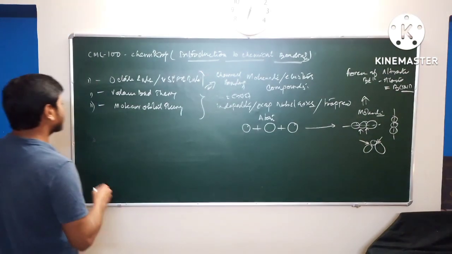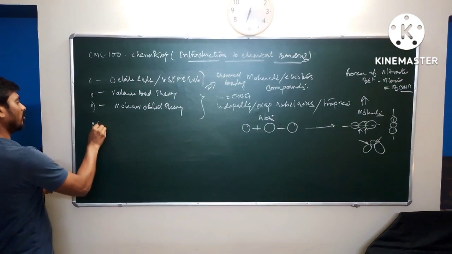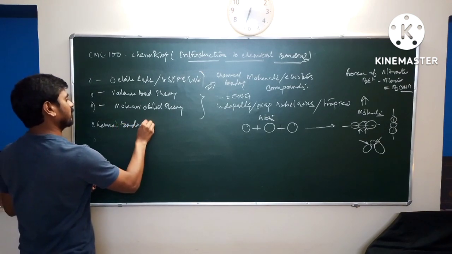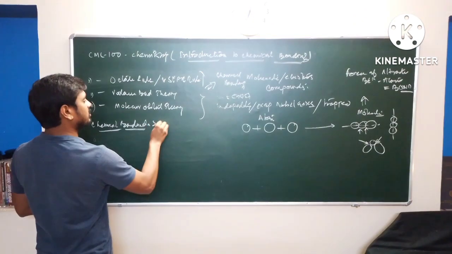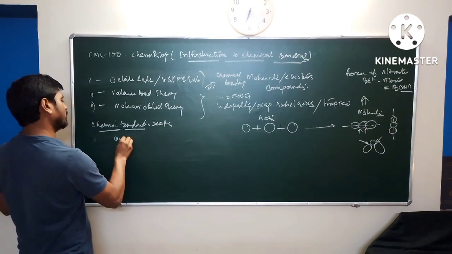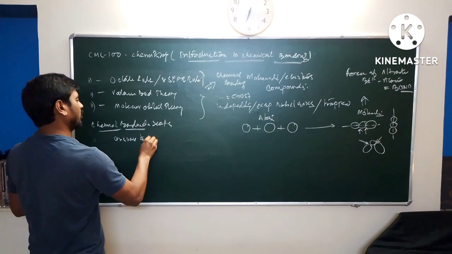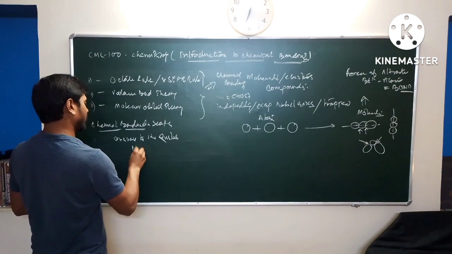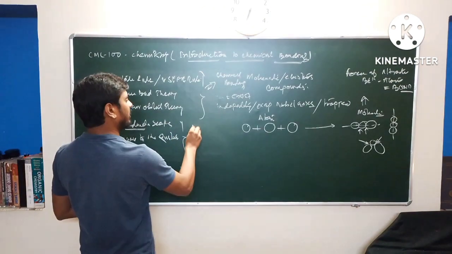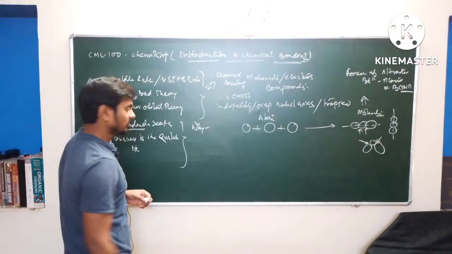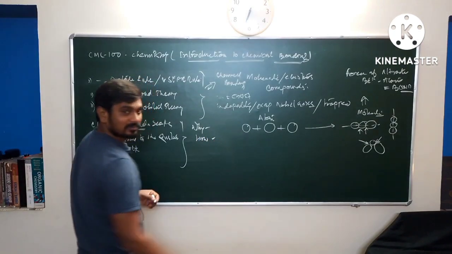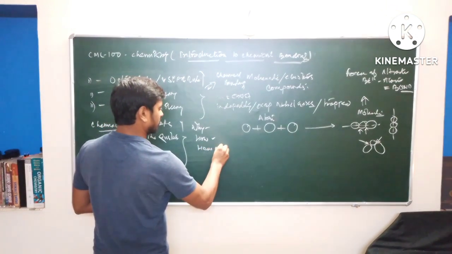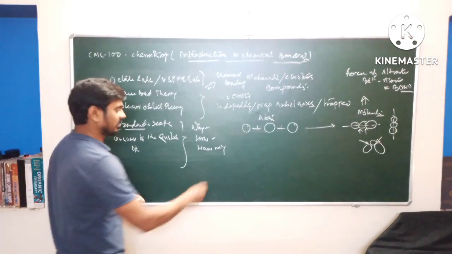The questions to be answered: chemical bonding seeks answers to questions like why atoms combine, how atoms combine, and how many atoms can combine.